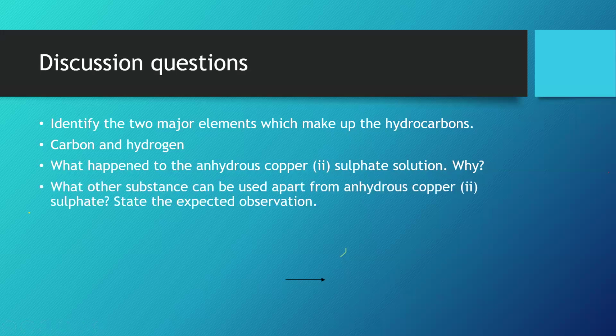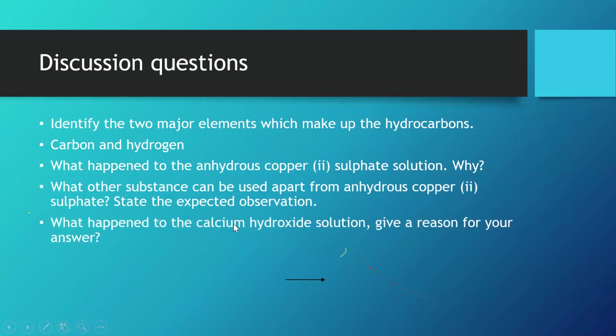And then we've mentioned this, what other substance can be used apart from anhydrous copper 2 sulfate and state the expected observation. And we've said you can use anhydrous cobalt 2 chloride, which turns from blue to pink. And then what happened to the calcium hydroxide solution? And then give a reason for your answer.